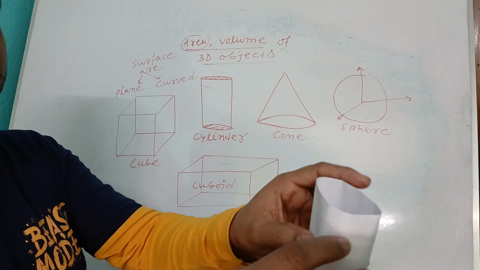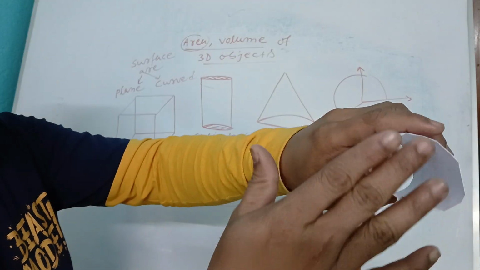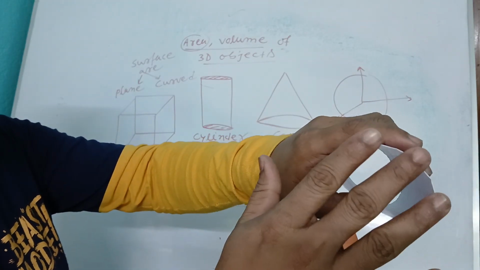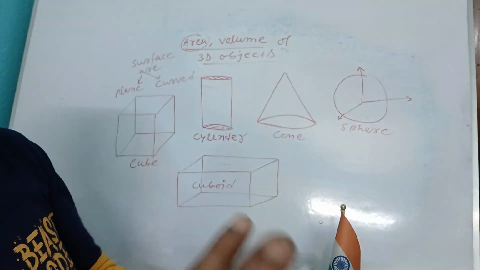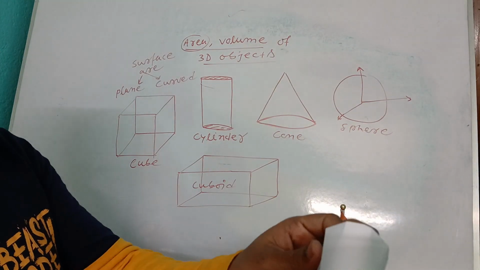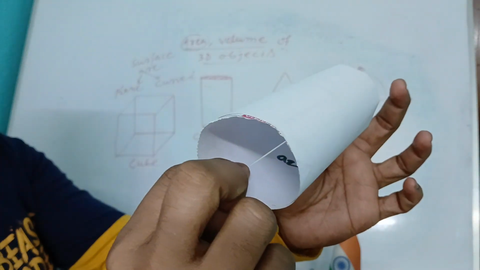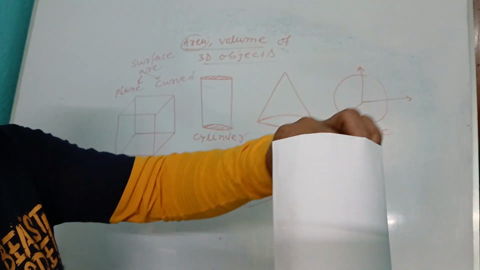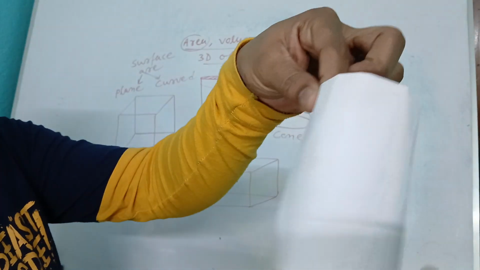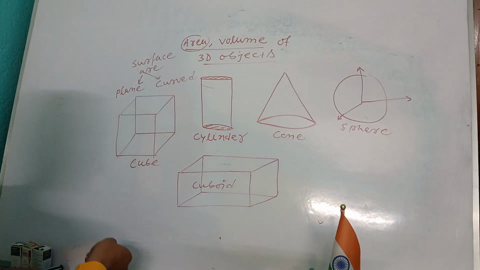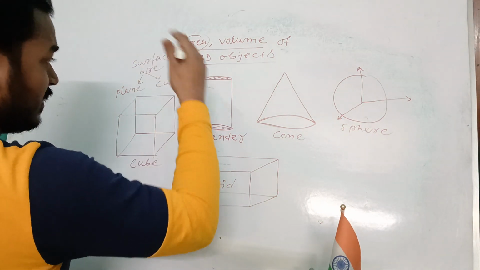Here you can see one surface if we cover this, and that side also one surface. So we have two surfaces, and this is known as the curved surface. For a rectangle it is normal area, and here it is plane and curved surface area.